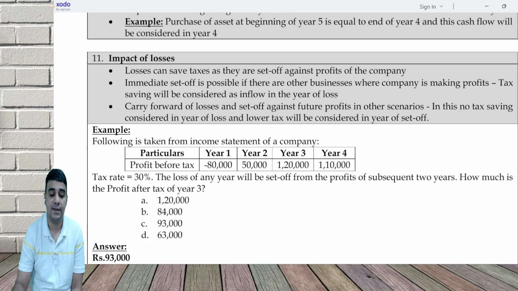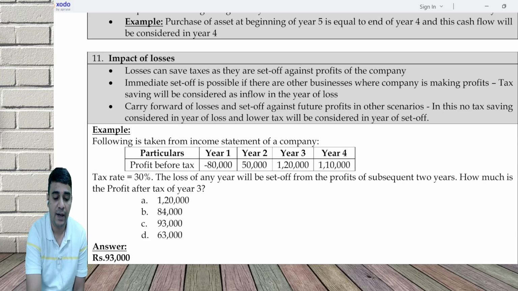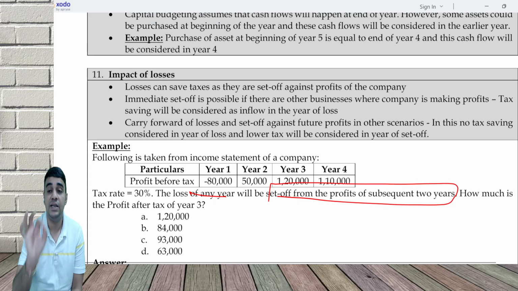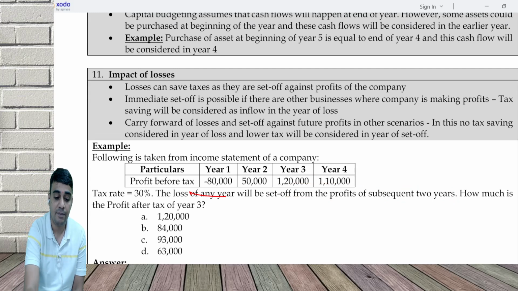Tax rate is 30%. Loss of any year will be set off from the profit of subsequent 2 years. What is the PAT of year 3? Can you tell me how much income tax you will pay in year 3? This is the data. How much income tax are you going to pay in year 3?